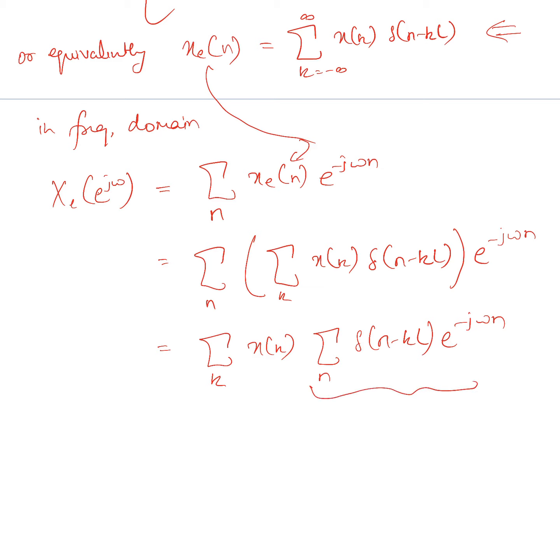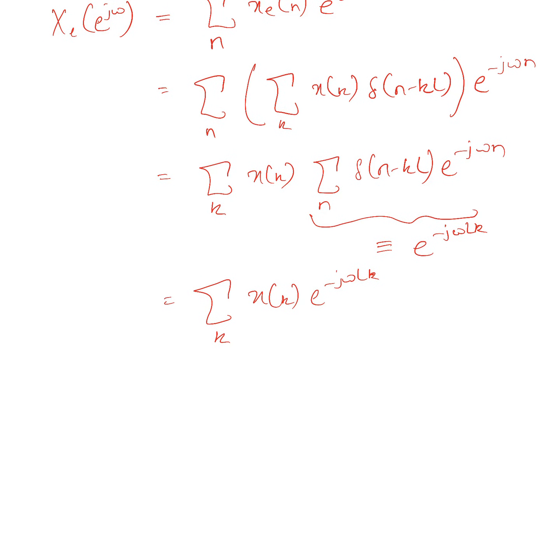This part you can equivalently write as e to the power minus j omega n, where n should be equal to kL, so e to the power minus j omega L k. So the summation over k of x[k] e to the power minus j omega L k is nothing but the discrete time Fourier transform of x, where omega has been changed from omega to omega L.